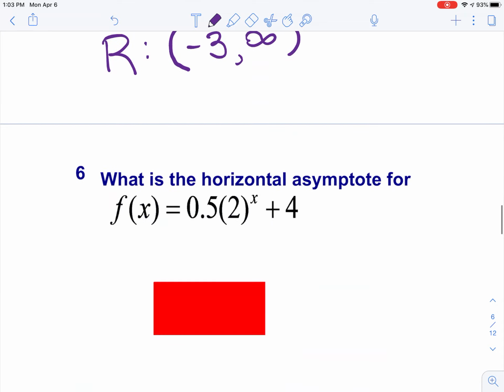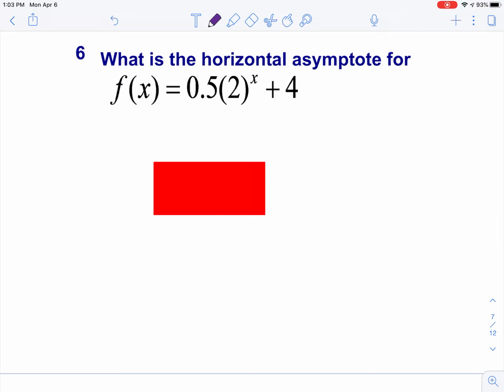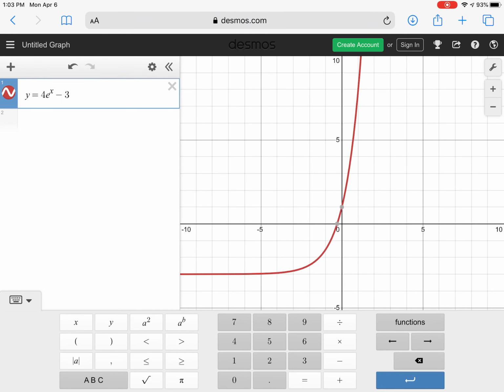For number 6, this one says, what is the horizontal asymptote? So we're going to go back to our Desmos. And we're going to get rid of that.